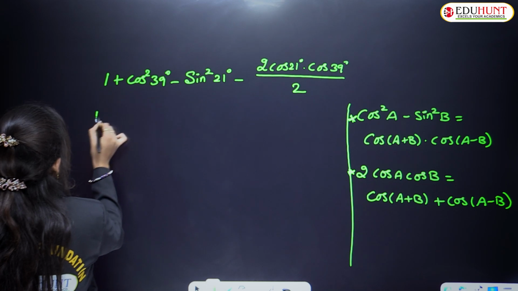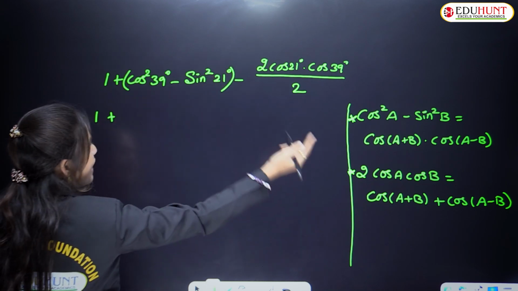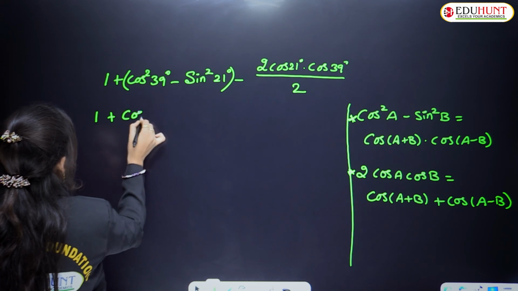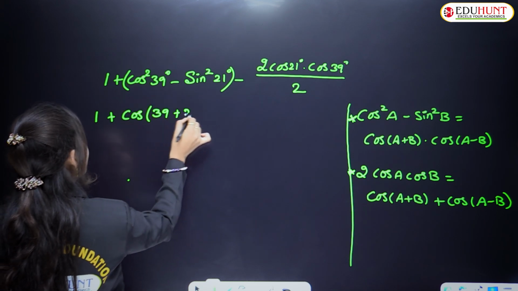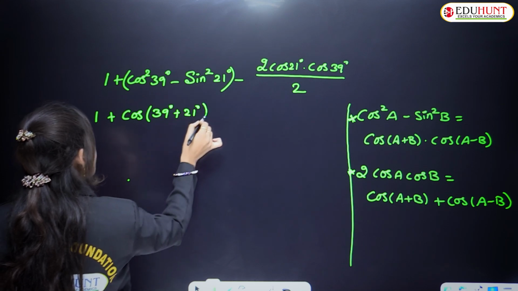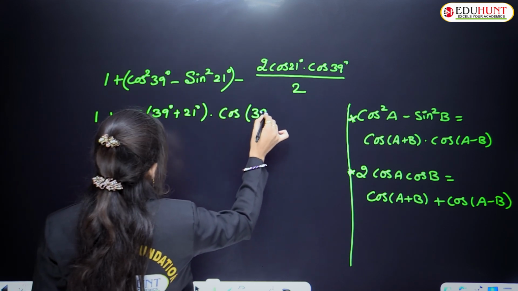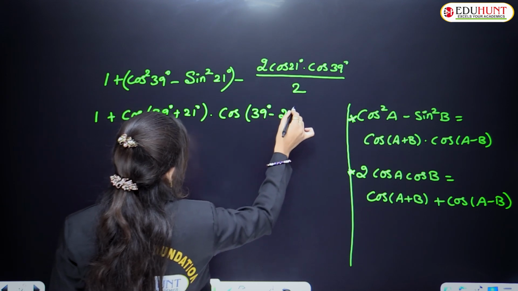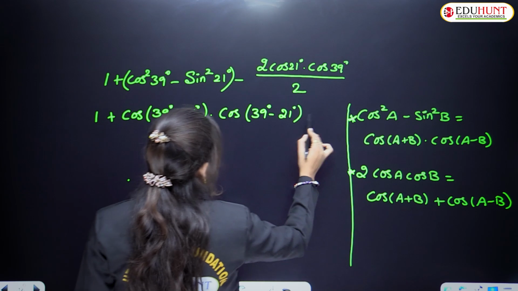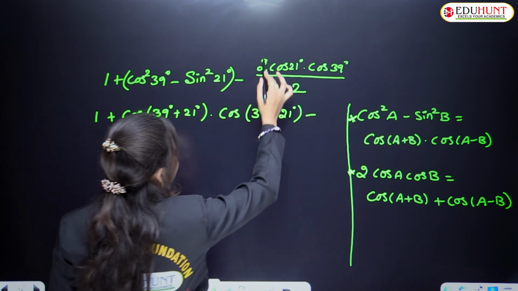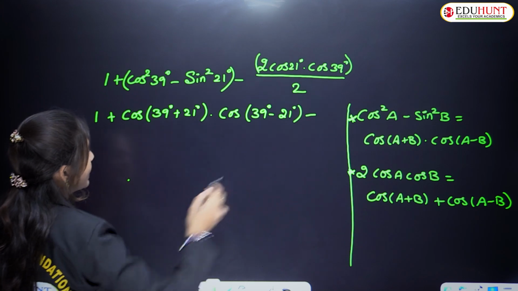Okay, see here. So 1 plus, at this place we have to write that formula, no? So what is that? Cos of A plus B, cos of 39 degrees plus 21 degrees, into cos of A minus B, so 39 degrees minus 21 degrees, minus of, here in the place of 2 cos 21 degrees cos 39 degrees, we have to write the second formula.